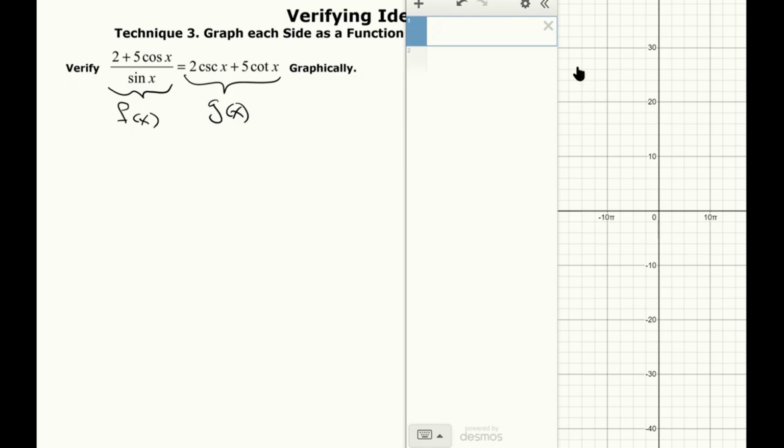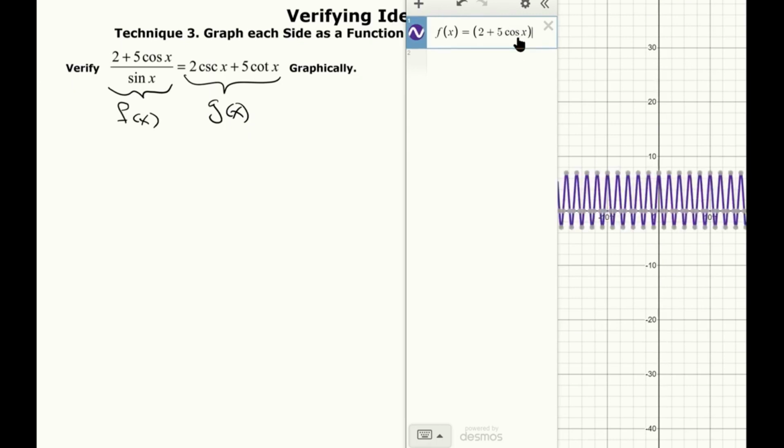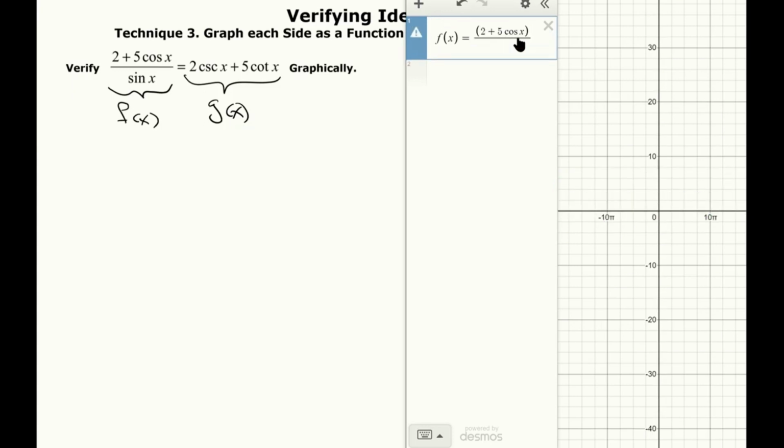So I'll type in the first expression, f of x equals. I'm going to use parentheses to get the fraction, so 2 plus 5 cosine x over sine x.